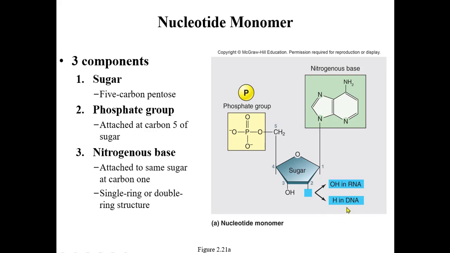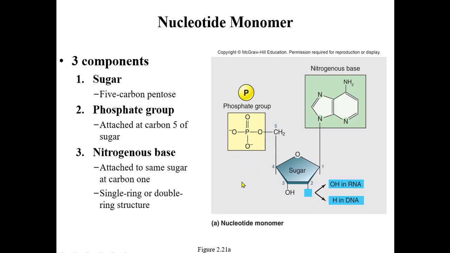In DNA, they call it DNA because it's deoxyribonucleic acid. It's missing an oxygen. That's why it's called deoxyribonucleic acid. And then for RNA, it's called ribonucleic acid. And that's the pentose sugar right there.